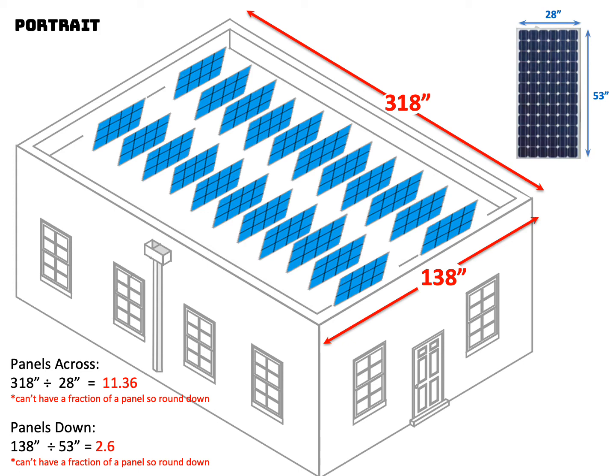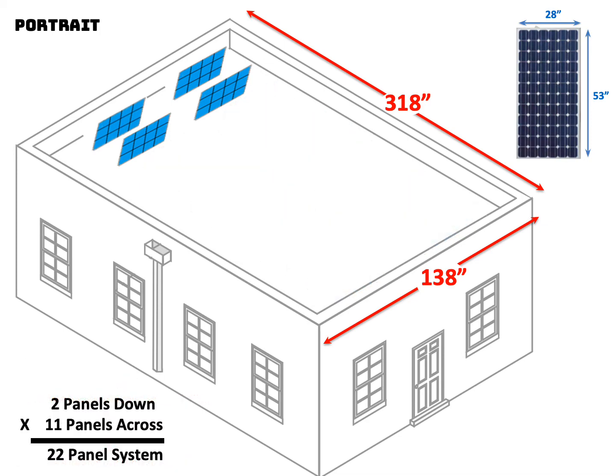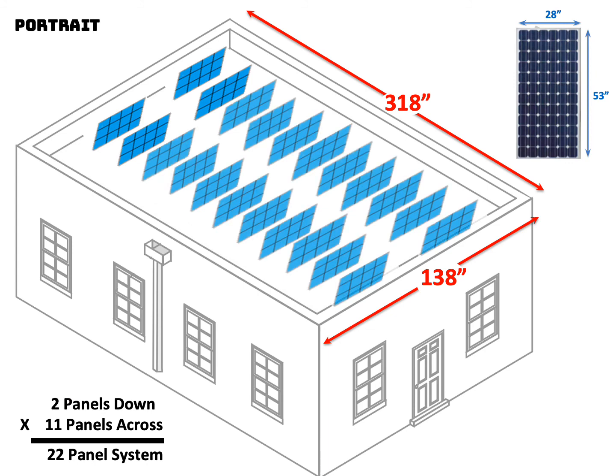Again, remember, we always have to round down to the nearest whole number since we can't have a fraction of a solar panel. We determined that 22 of our solar panels fit on this roof in portrait position.